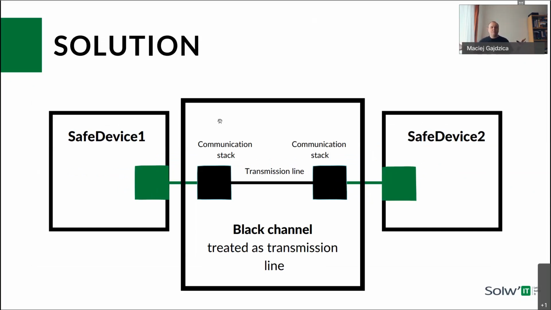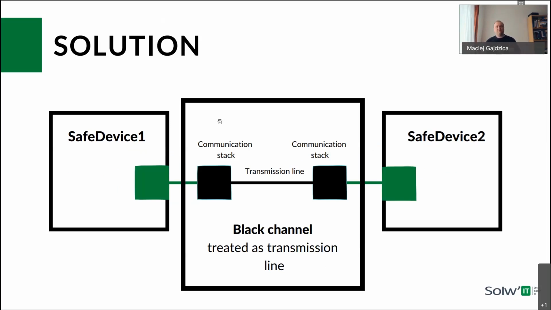We can move our TCP/IP stack to another processor and use some easier communication protocol to communicate between the communication processor and the safety critical processor. This way, we separate the critical part from the non-critical part.